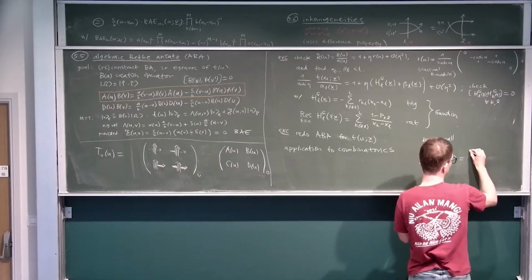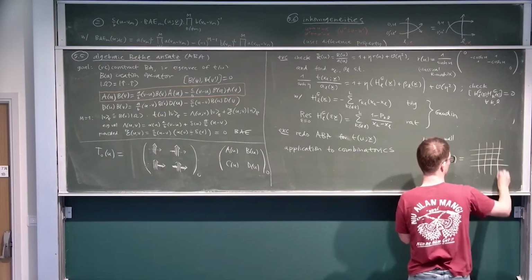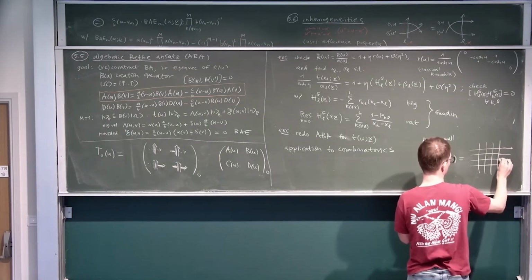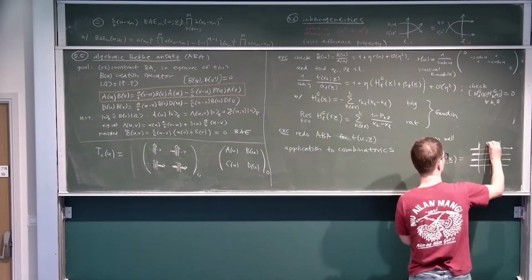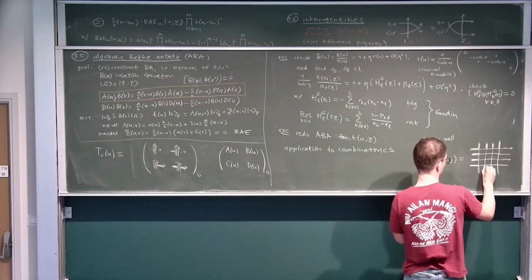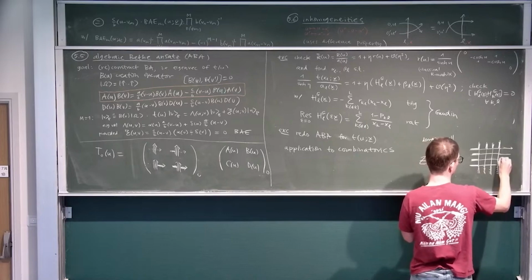And graphically, it looks like an L by L lattice, like this, with these domain wall boundary conditions that we saw before, which means that there are lots of thick lines coming in from the left and going out from the top, and dotted lines coming in from the bottom and going out to the right.